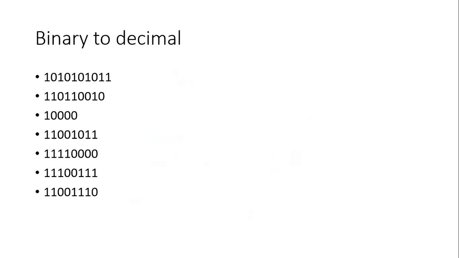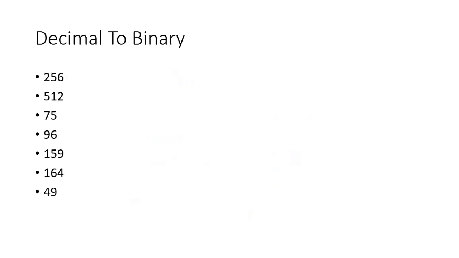This is your homework for the day. You will convert these numbers from binary to decimal. So you're going to find the decimal equivalent of these binary numbers. And you're going to find the binary equivalent of these decimal numbers.